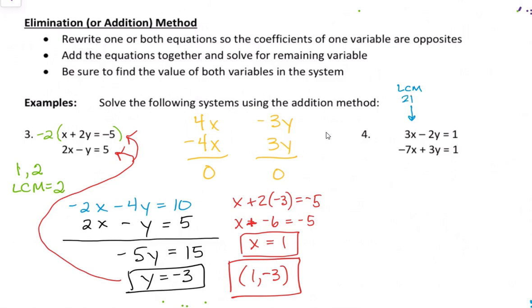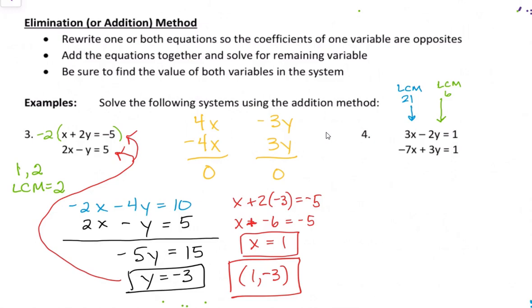And when I look at my y's, the least common multiple for 2 and 3 is 6. So in this case, both equations are going to have to change in order to eliminate one of those variables. When both of them have to change, it really does not matter which variable you choose to eliminate.